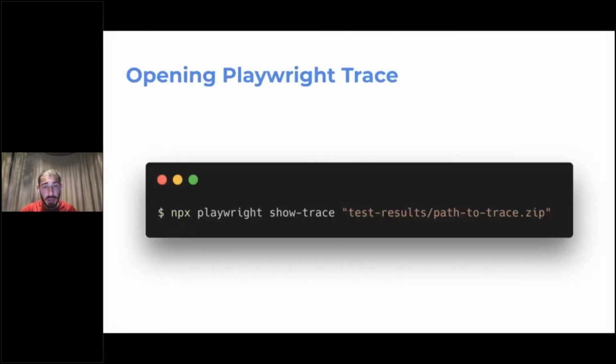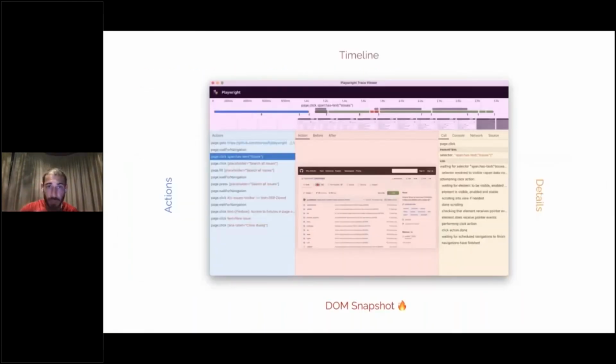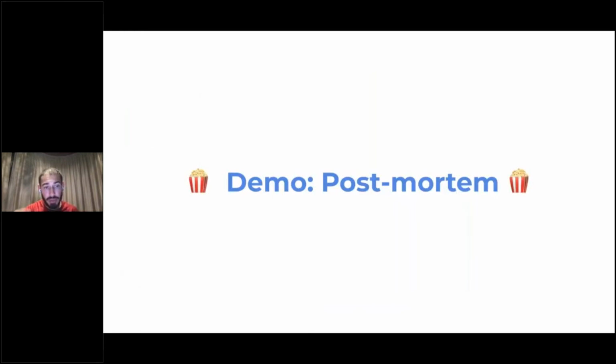So let's go back to our presentation. We just saw how we can open Trace Viewer, and we learned what we can see in the Trace Viewer UI. Now, however, I want to show you how we actually can use this Trace Viewer to do a post-mortem of some failure that happened on the CI.